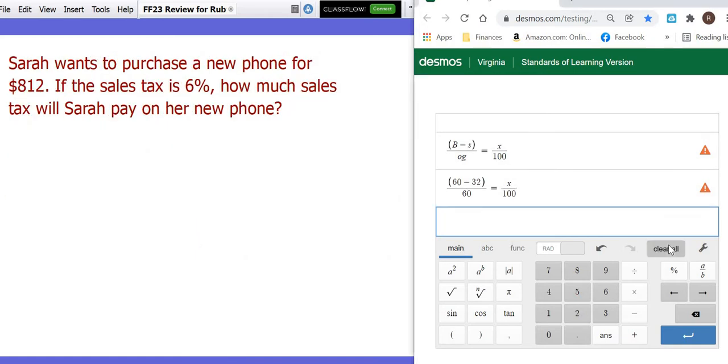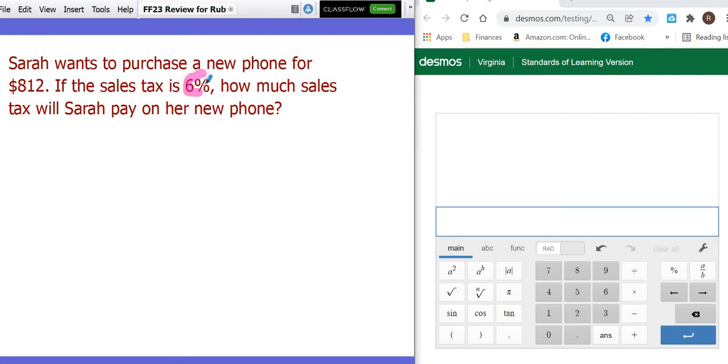It says Sarah wants to purchase a new phone for $812. If the sales tax is 6%, how much sales tax will Sarah pay? How much sales tax? So all we want to know is how much tax. So whenever you see a number with a percent sign behind it and we've got money involved, let's come over here and let's do 6% of 812.